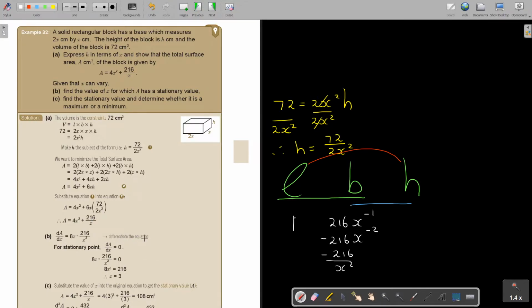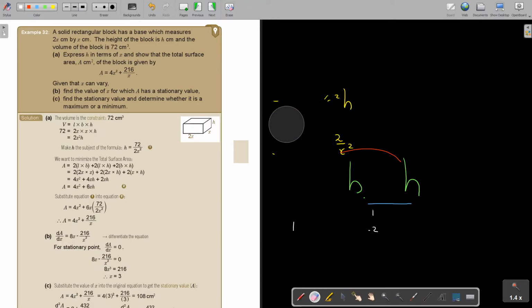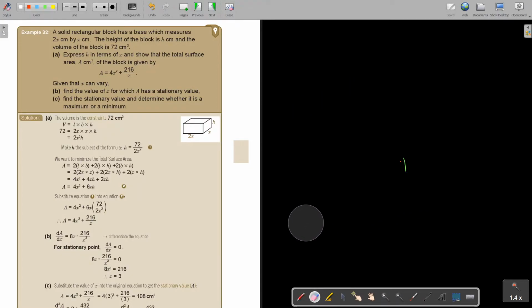So you differentiate the equation. Now for stationary points, dA over dx is equal to 0. So you put it equal to 0. Then, to solve this, I can again show you. It was now just 8x.